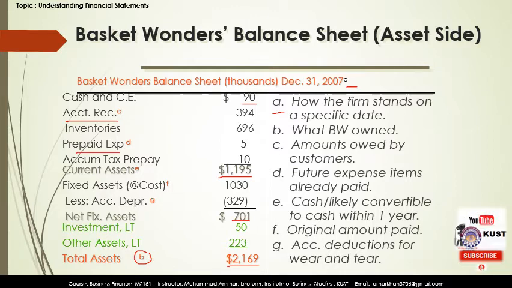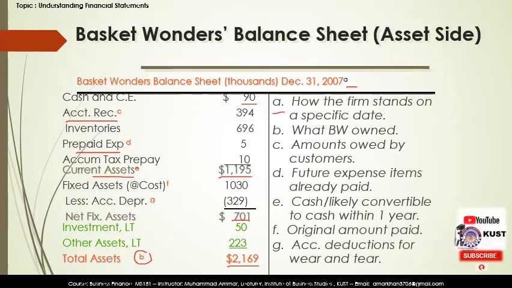E, cash or likely convertible to cash within one year, below one year. You can see this also in the current assets, which is 1,195. So we know that current assets are below one year. F, original amount paid, and G is accumulated deduction for wear and tear.